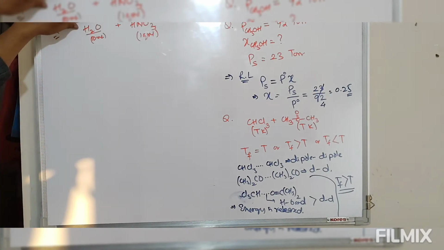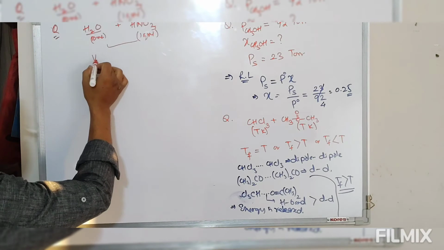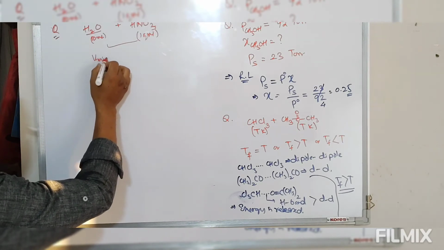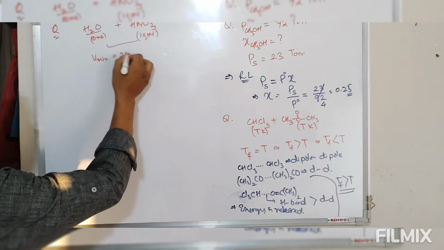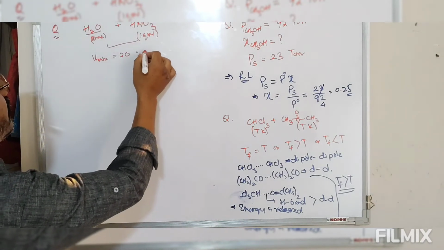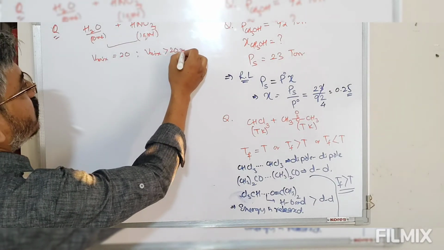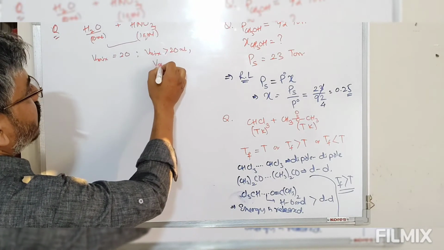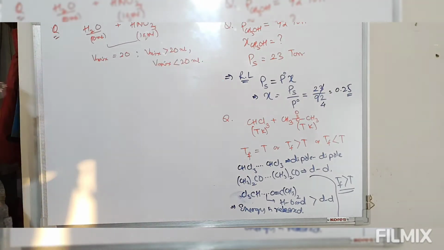Now 10 ml of water is mixed with 10 ml of nitric acid, and this forms a solution. Is the volume of the mixture after mixing equal to 20 ml, greater than 20 ml, or less than 20 ml? Now find the answer.